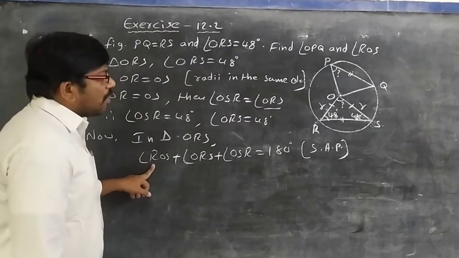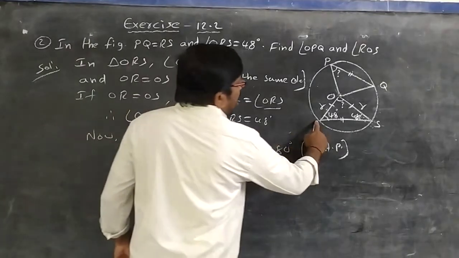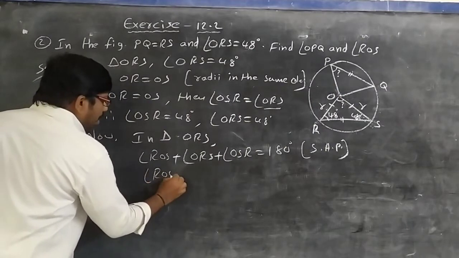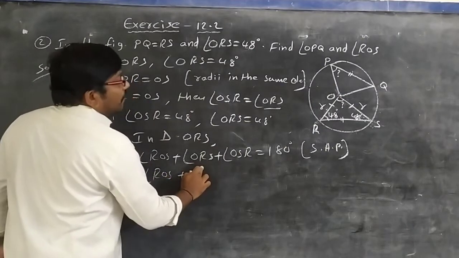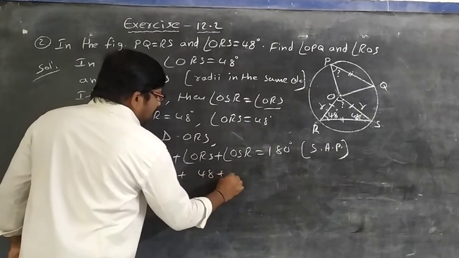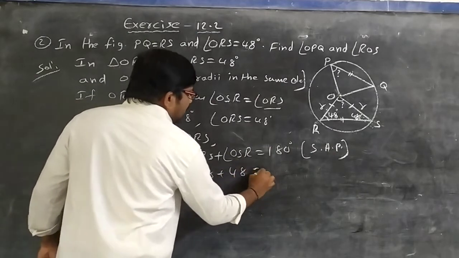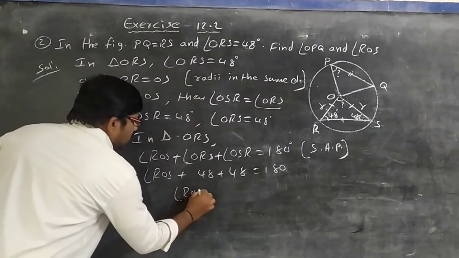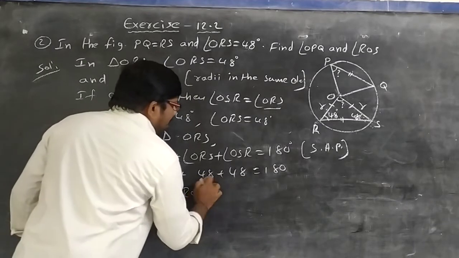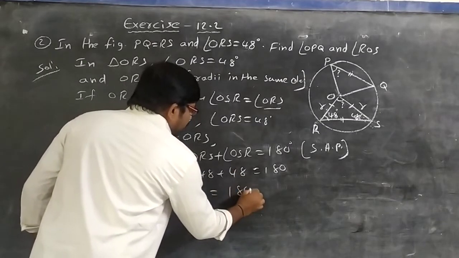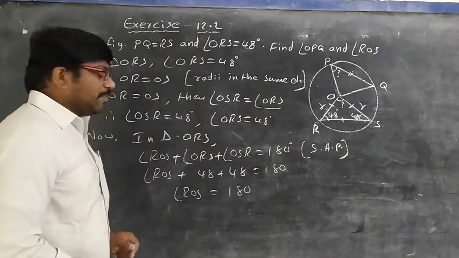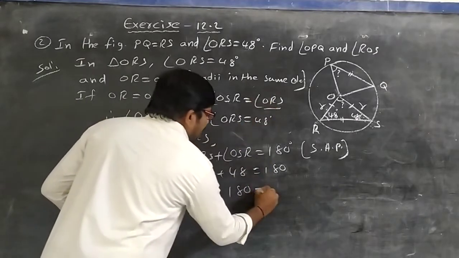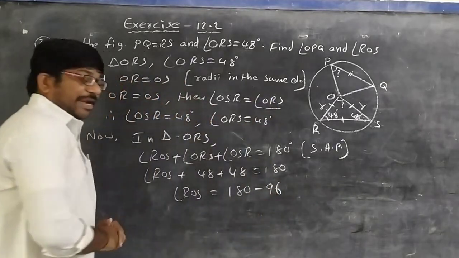From the angle sum property, we know ROS, sorry, ROS we don't know. Write it like this: angle ROS plus 48 plus 48 is equal to 180. Then angle ROS is equal to 180 minus (48 plus 48). 48 plus 48 is 96. Taking it to the other side, it becomes minus 96.